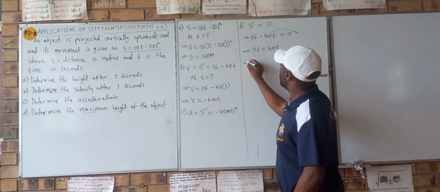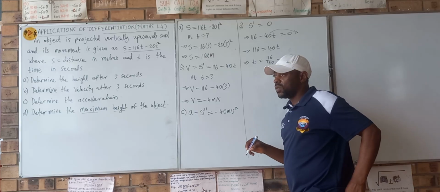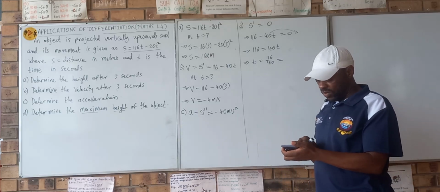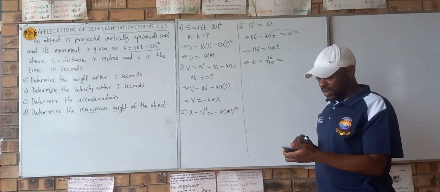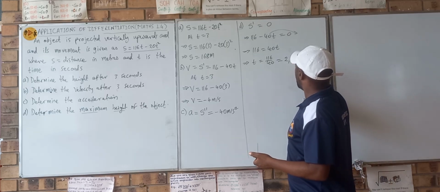Then I divide both sides by 40, so my t will be 116 over 40. That gives me the time taken to reach the maximum height, 2,9 seconds.